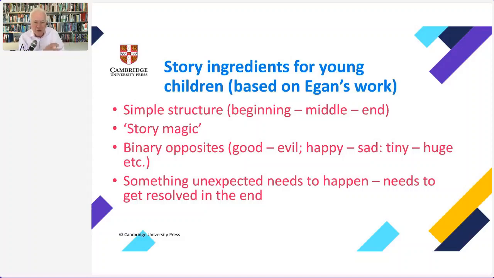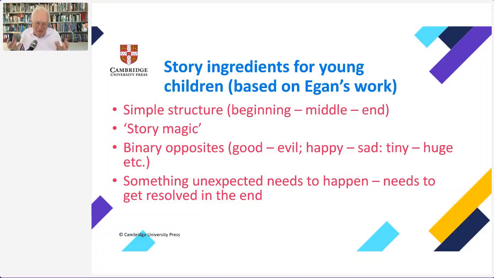So, stories and their structure. What are the ingredients? What is quality about a story for young learners? Okay. So first of all, they need a relatively simple structure: a beginning, a middle, and an end. And one thing is important: somewhere at the end of the beginning phase, there needs to be a problem, okay?